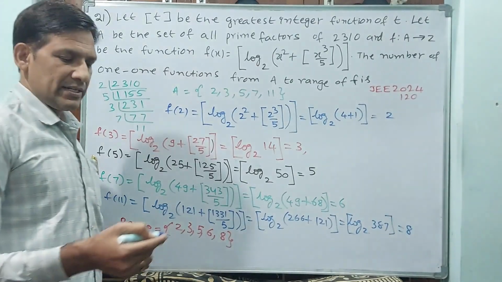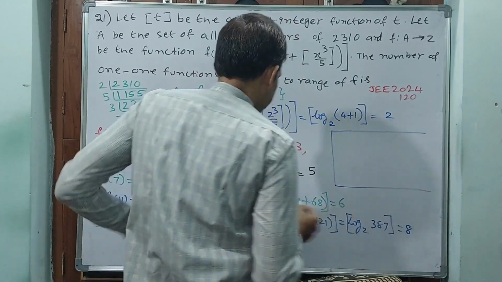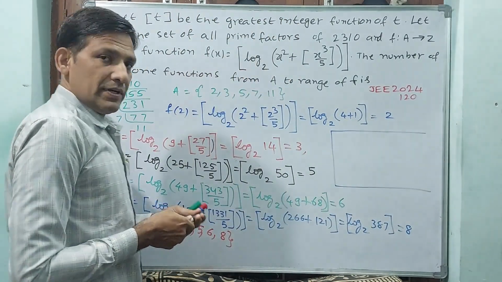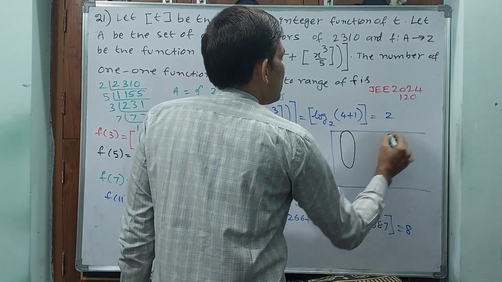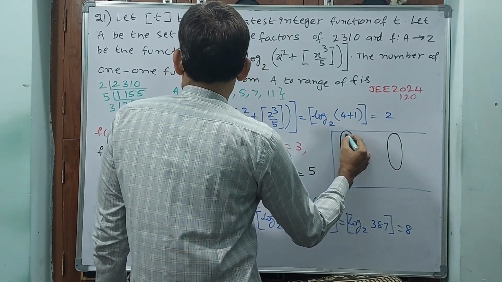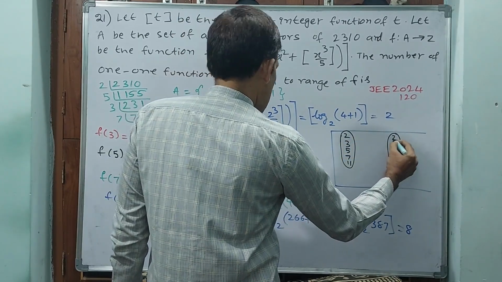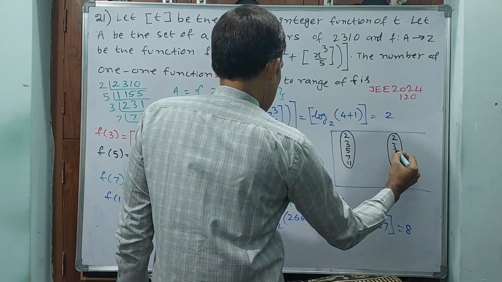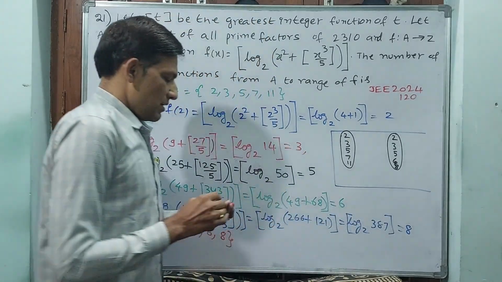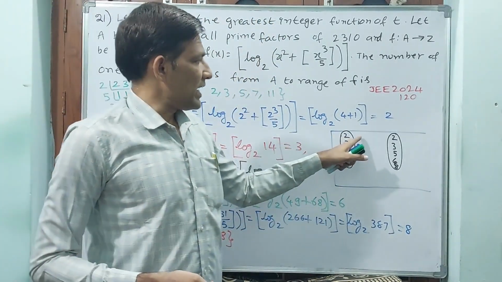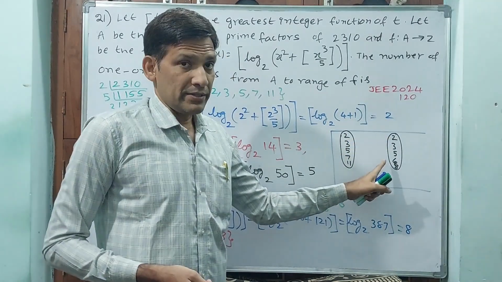See here, one logic I want to tell. Observe carefully. Here five elements are there, here also 5 elements are there. Say here 2, 3, 5, 7, 11. Here 2, 3, 5, 6, 8. One-one function means 2 can have a relation with 2 or 3 or 5 or 6 or 8, any one.